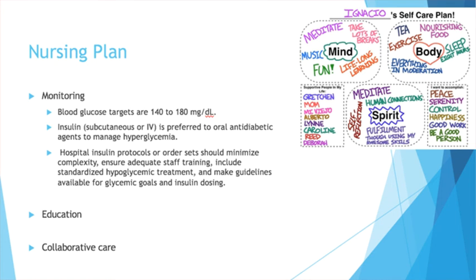All right, so now we're getting into the nursing plan. So as the nurse, you are going to be the one in charge of monitoring or teaching self-monitoring of your diabetic patient. When they're in the hospital, they usually prefer a blood glucose target of between 140 and 180. This is according to your textbook.